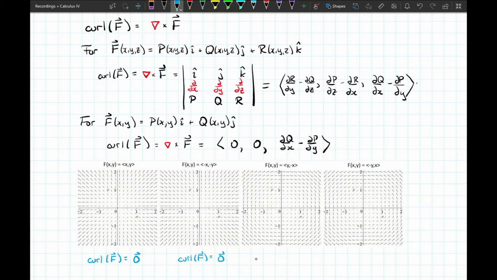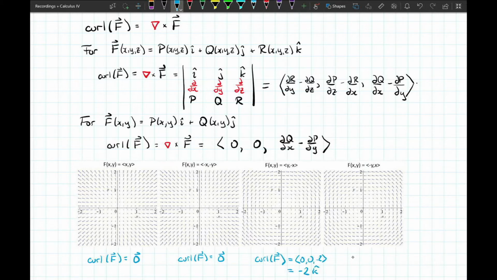Calculating the curl of y, negative x, we will have partial negative x with respect to x minus partial y with respect to y. That'll be negative 1 minus 1, which is negative 2. So our vector for curl is 0, 0, negative 2, or simply negative 2 times k.